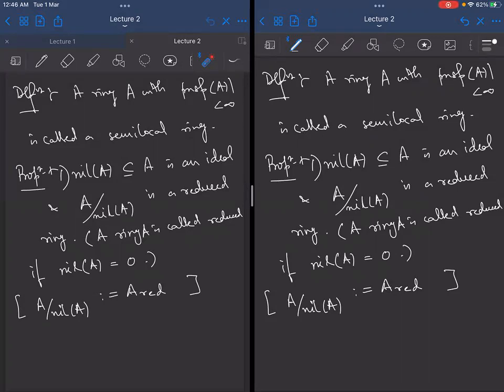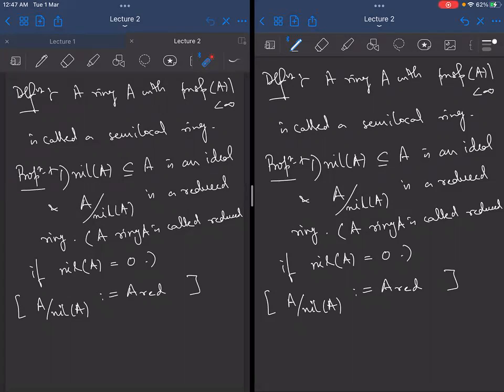And if you take an element from A mod nil A such that this element x bar, or class of x, raised to some power n is 0 in that quotient ring, that means x to the power n belongs to the nilradical of A. That means (x to the power n) to the power m is 0 for some m, and that means x to the power mn is 0.